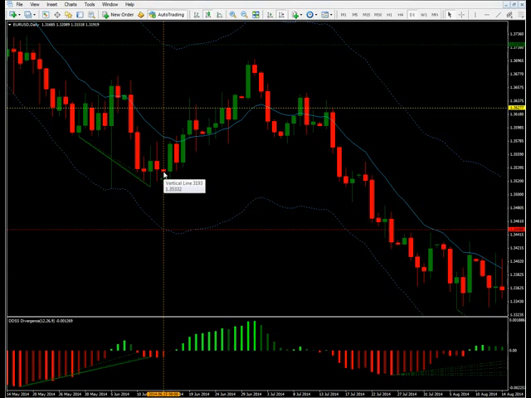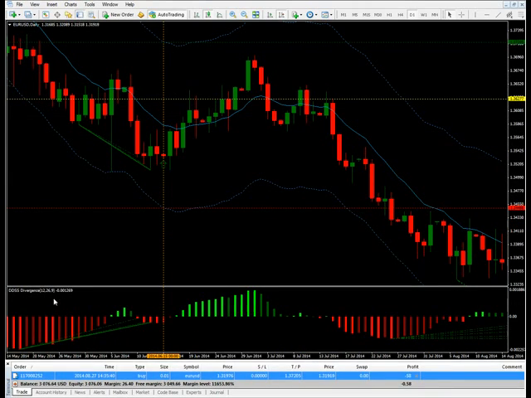Okay, so we took the entry. The first thing we need to do is to place a take profit onto the actual order. Let me pull up the terminal window. I've got a demo trade here. This is not this signal, but just a trade that's running from someplace else. And the first thing you want to do is to set your take profit.